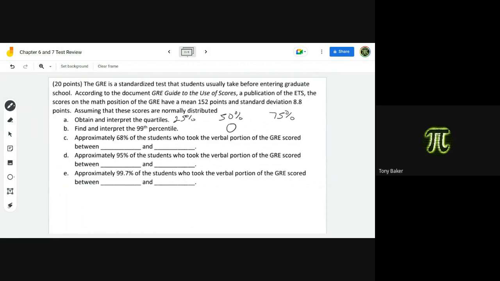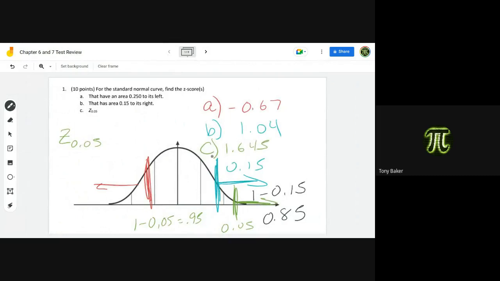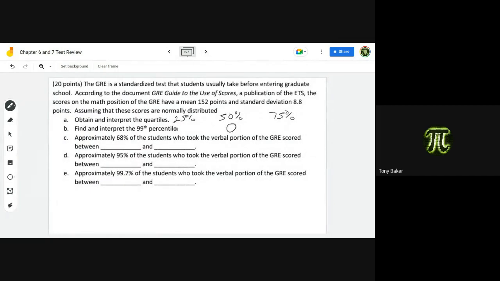So now it's, because that's right in the middle. Let's find the 25 and the 75. So the 25 was, we did 0.67, right? Is what we just found on the last page. Yeah, the 25 was negative 0.67. So negative 0.67.